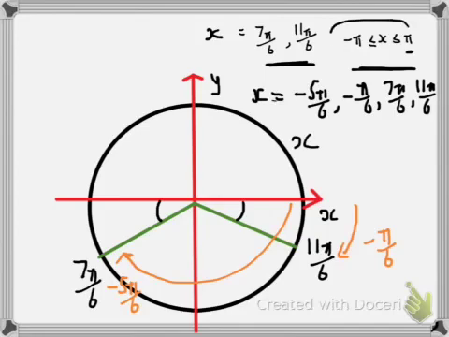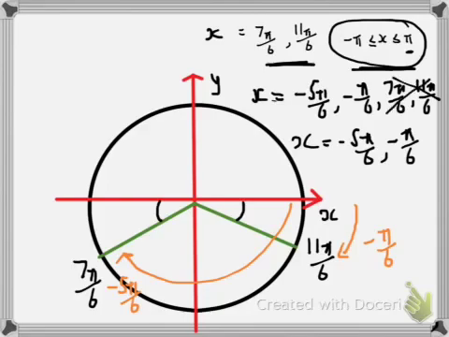We now look at our domain, it's just between negative pi and pi. Which ones fall within that domain? The first two. Negative 5 pi on 6, negative pi on 6. They are our answers. The other two fall out now because they are outside our domain.